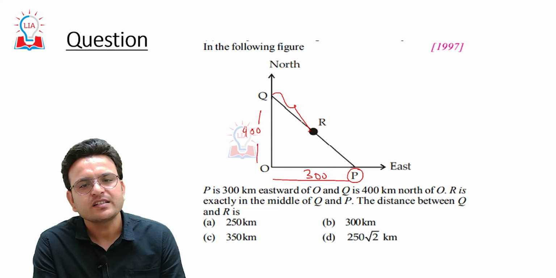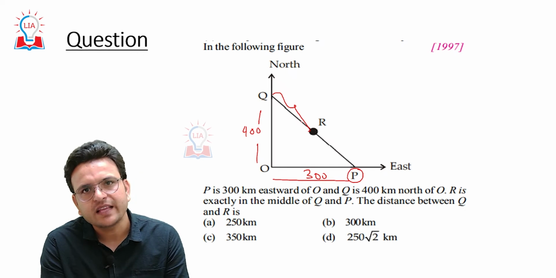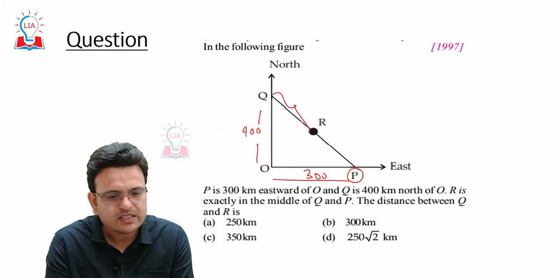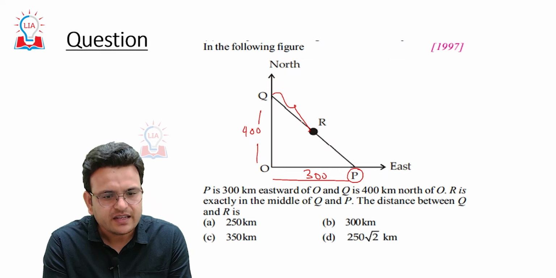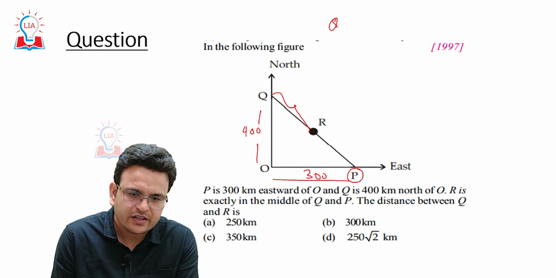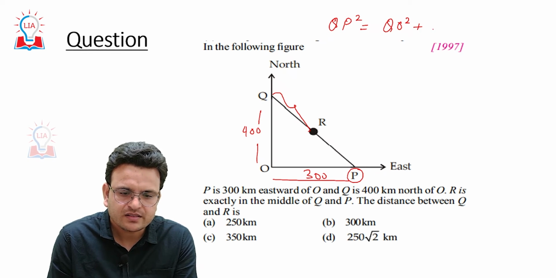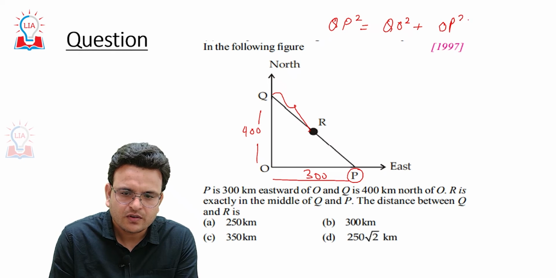I will suggest you first pause the video and try to solve it, and then you can see the solution. In this particular question, if you see, it is a right angle triangle. In the right angle triangle, we know that QP square equals QO square plus OP square.